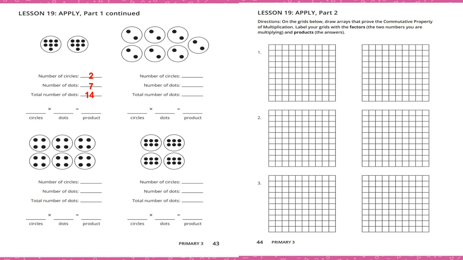So 2 times 7 equals 14. The next example, how many circles do we have here? 7. How many dots inside each circle? 2. So the total will be 14 because 7 times 2 equals 14. Is this the commutative property or not? Yes, it's the commutative property. And you can complete the next by yourself.